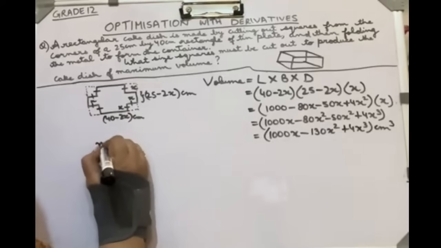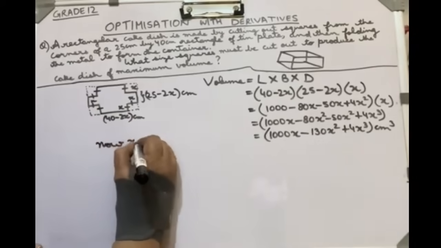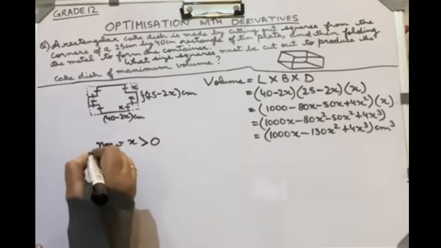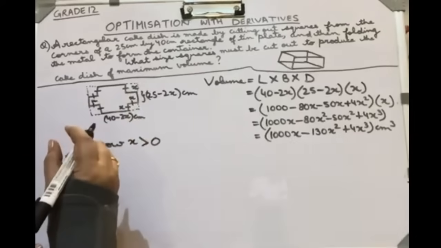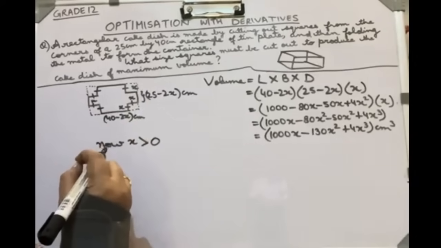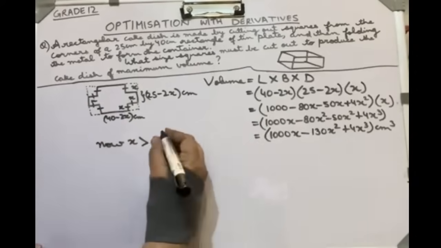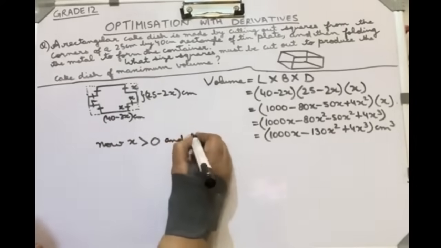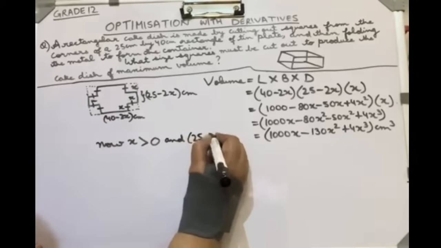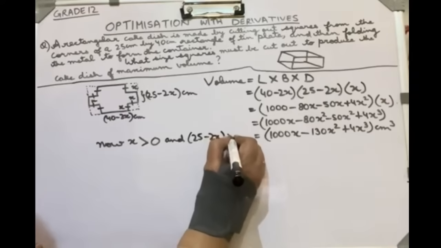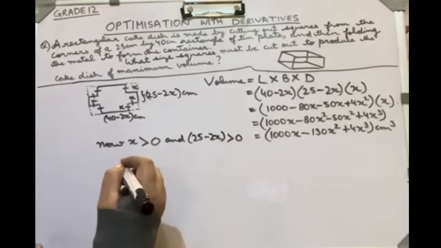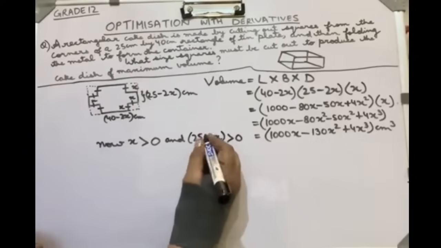Now x is greater than 0 because it is the side length of the square, so this cannot be a negative value. And 25 minus 2x is also greater than 0. So what do we get?